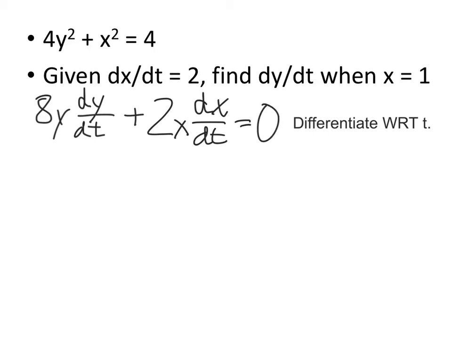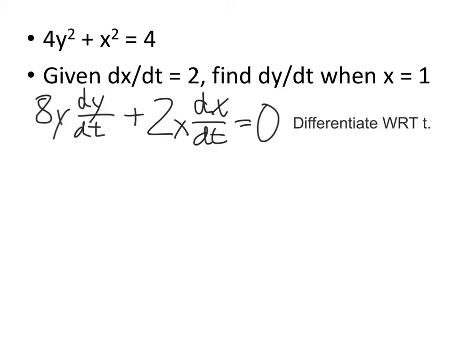Notice right now there are 4 variables that are unknown, but we only know 2 of them. Well, one of the things is we'll have to look at the implicit function and figure out what the y value is when x equals 1.